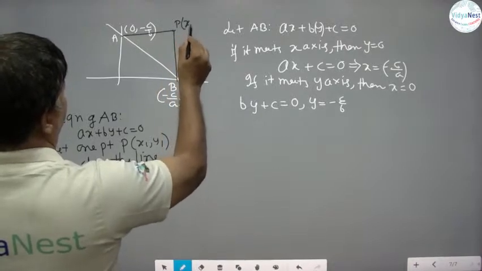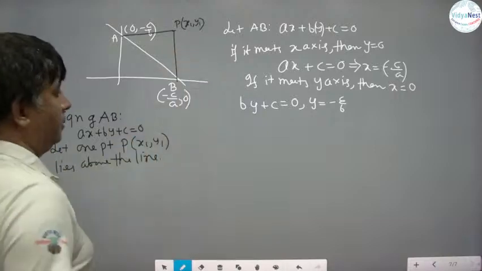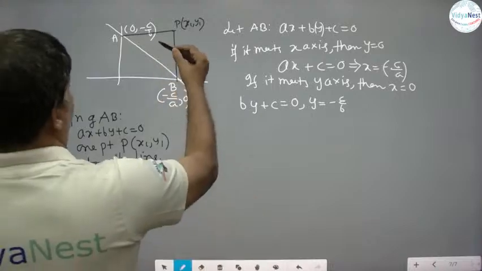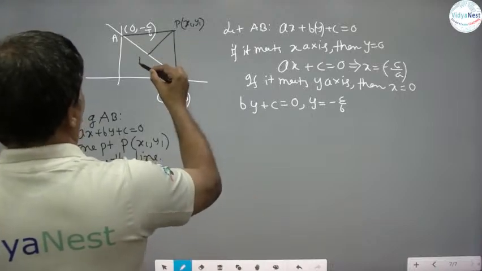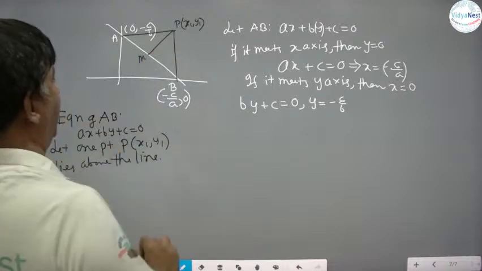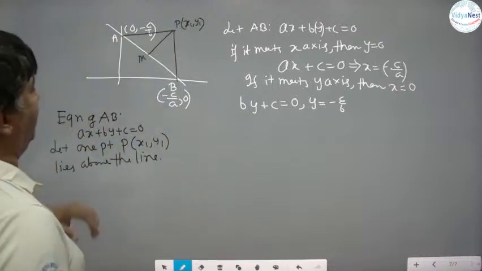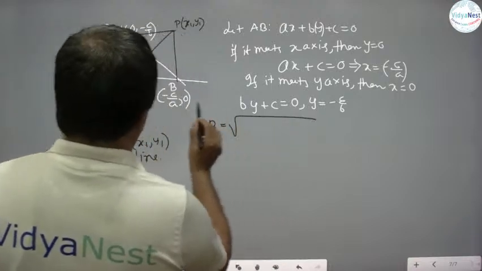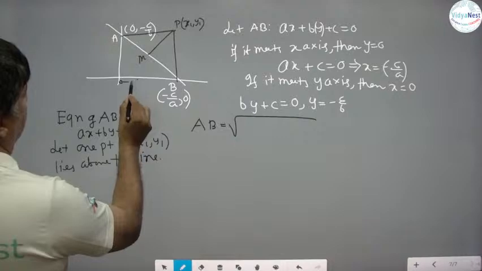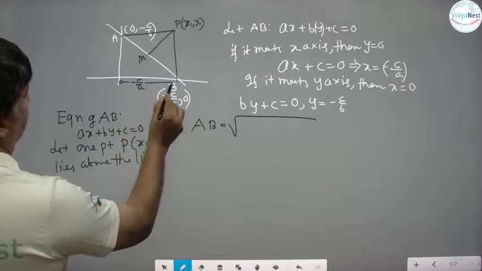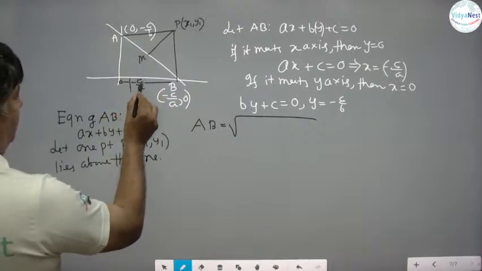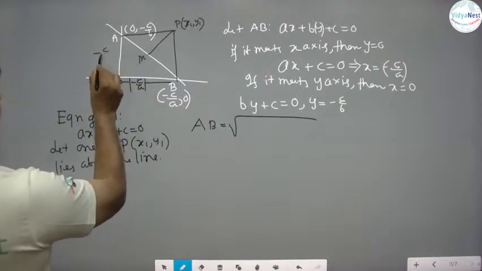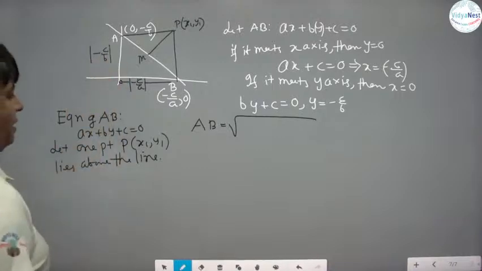Okay, and from this point you drop one perpendicular. We don't know the length of the perpendicular, but we can find the length of AB by the distance formula, because this is minus c by a, and this is minus c by b, with magnitude, meaning plus sign.